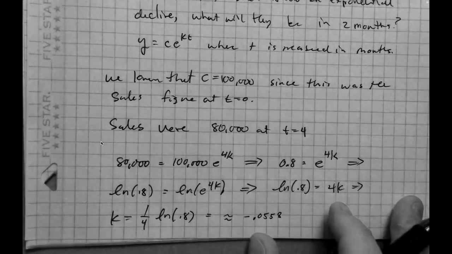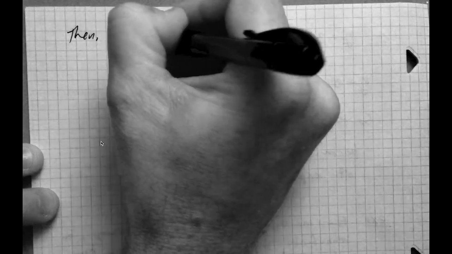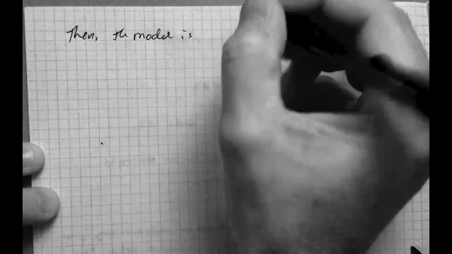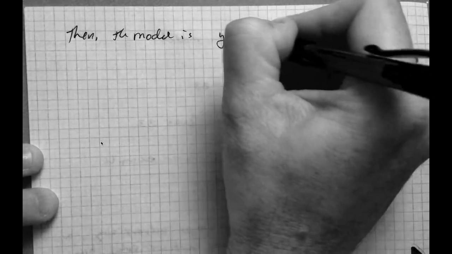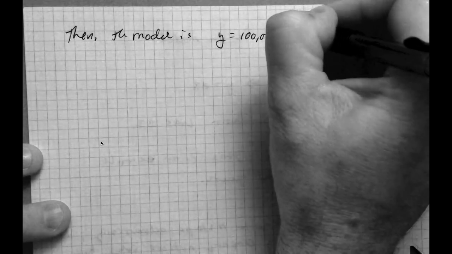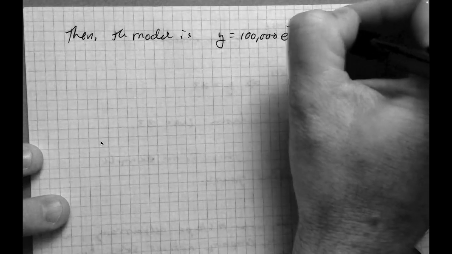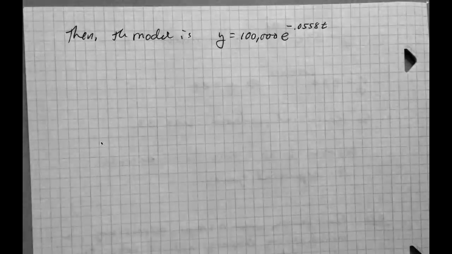Okay, and so that means our model is y equals 100,000, that's the initial value, times e to the negative 0.0558t. That's the model.